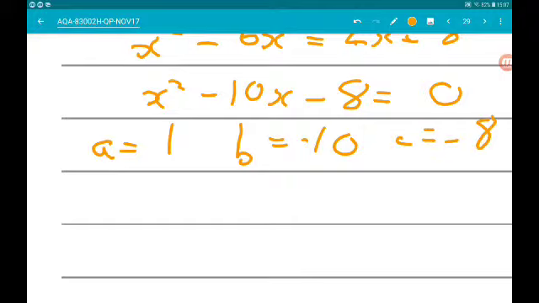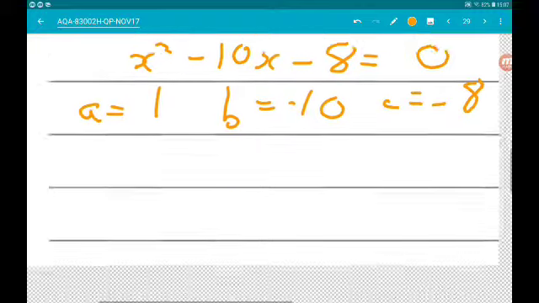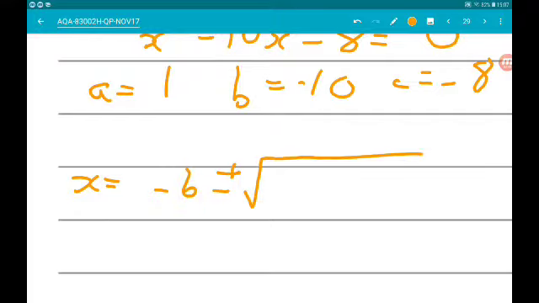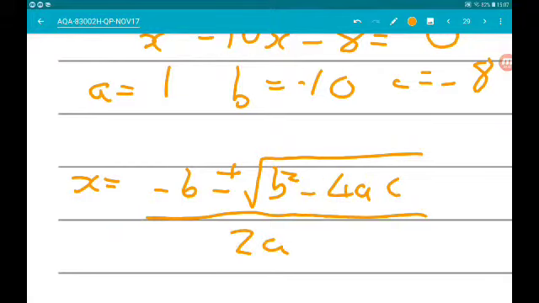Now again, this formula can be found on my formula sheet, which you can get down below, as well as the formula video. So the quadratic formula is x is equal to minus b plus or minus root b squared minus 4ac all over 2a.